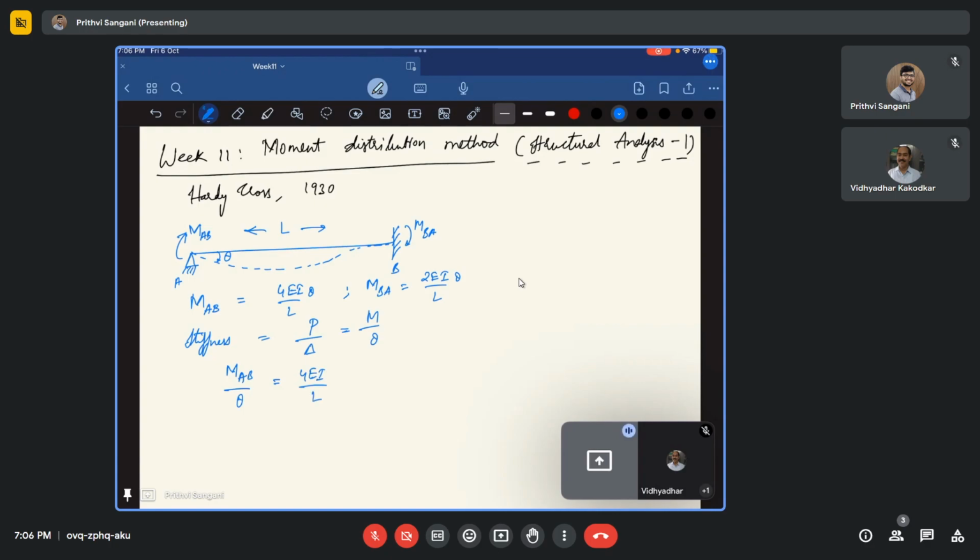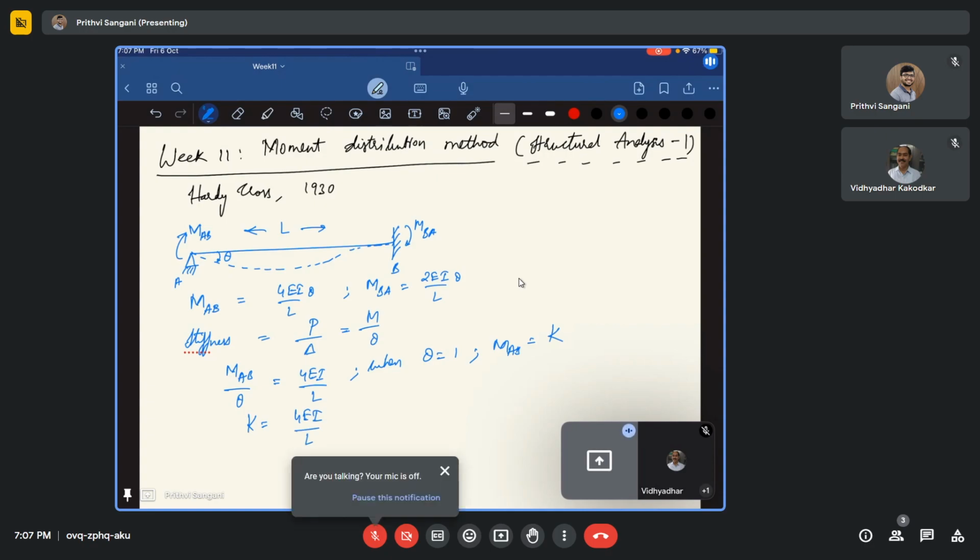So for a unit rotation, let us say when theta is unity, or one, MAB is nothing but the stiffness. I call it K. So the stiffness of that member is 4EI by L. What this means is that if you apply a moment of 4EI by L at support A, you will obtain a rotation theta equal to 1 radian, and you'll also get a moment at the fixed support, at the far end.